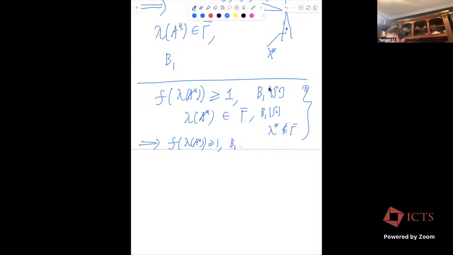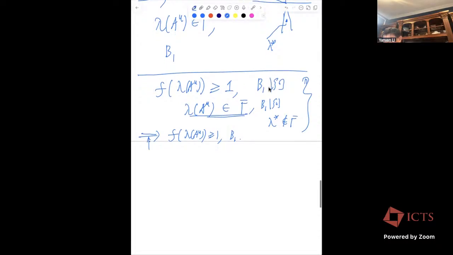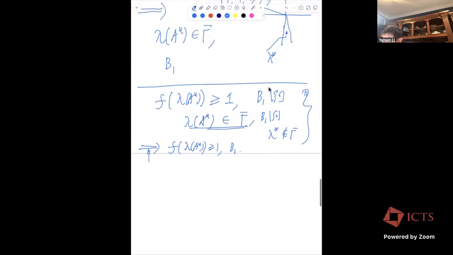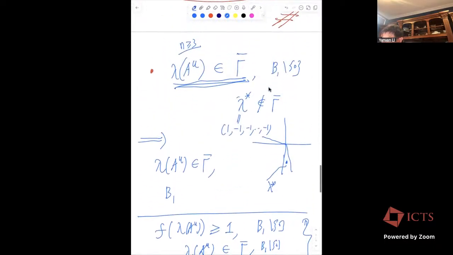And this removability, this positivity is also necessary for this removability. So after that, we also need a statement, a strong maximum principle statement. Namely, we need the following.